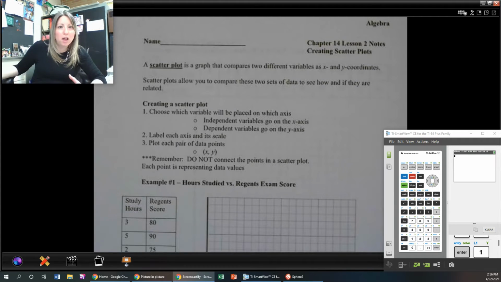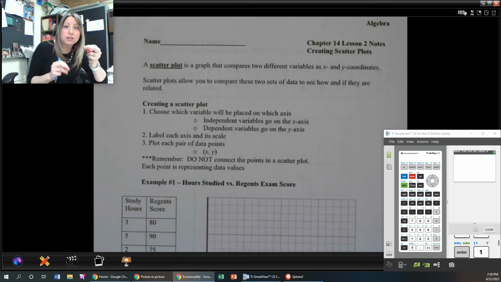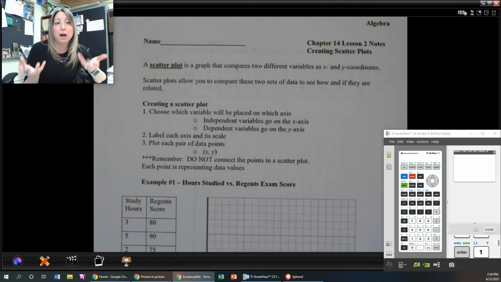A scatter plot is a graph that compares two different variables as an x and a y on an xy axis. It is in a first quadrant scenario because our data is positive.